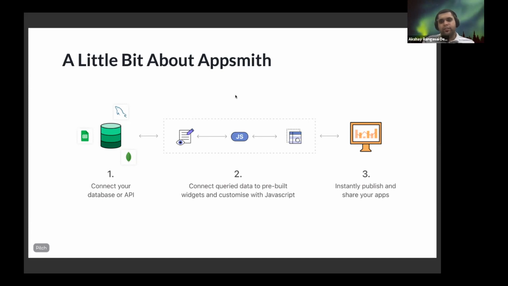We have a ton of widgets, I think now 15 out of the box that you can use. Write very simple JavaScript to bind the data to your widget, modify that data, and then you just have a deploy button and you instantly publish it. So we kill the boring and tedious parts of engineering and make you focus on just building the app and shipping really, really fast.